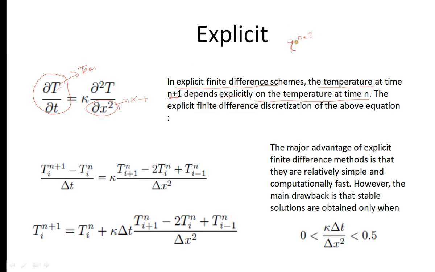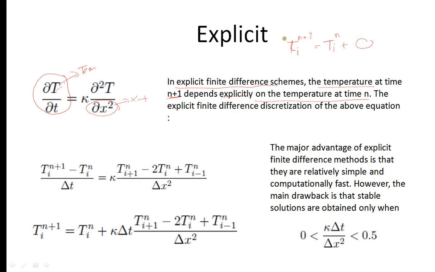That means if we have a temperature here, say for example 0 degrees, the next time step would also depend on the present time step. For example, at point i, the next time step would depend on the temperature at point i and some other derivatives.